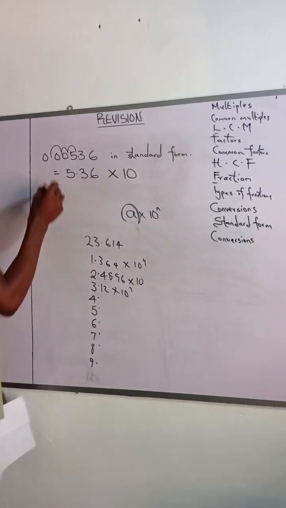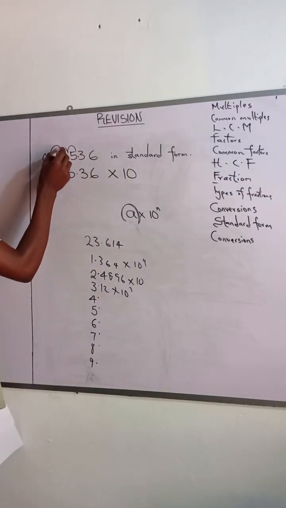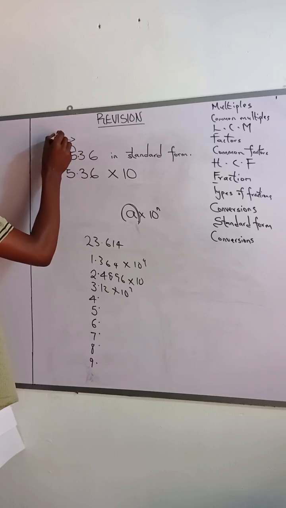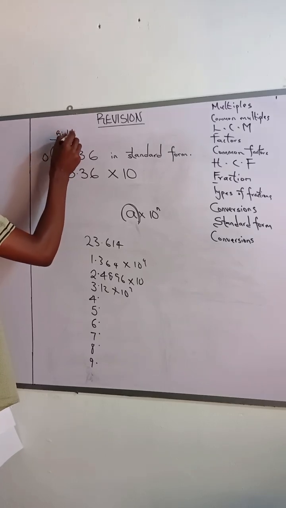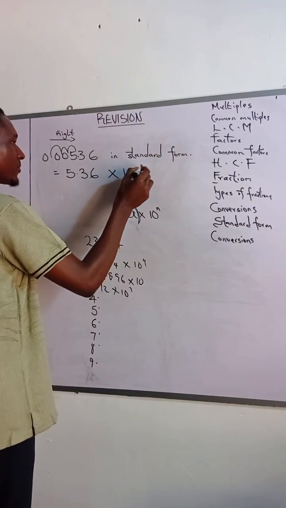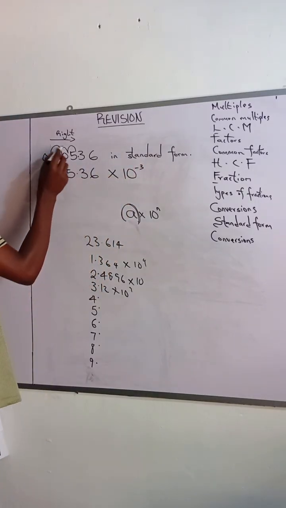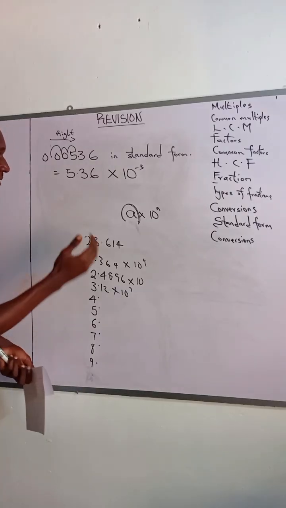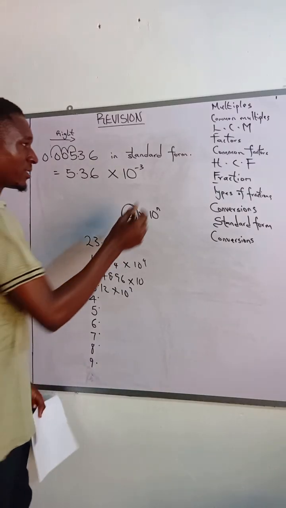Raised to the power. How many times did we move it? 1, 2, 3. And we moved it where? To the right. This is where the problem always comes. Make sure you know that when you move it to the right, you use negative. We moved it 1, 2, 3. To the right is negative, and to the left is positive.